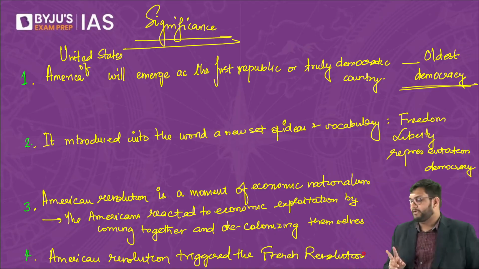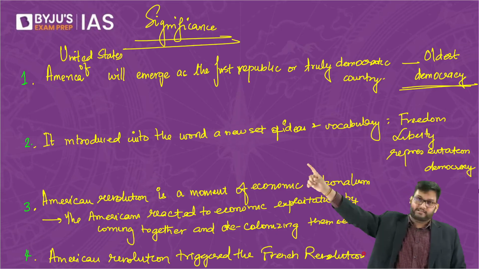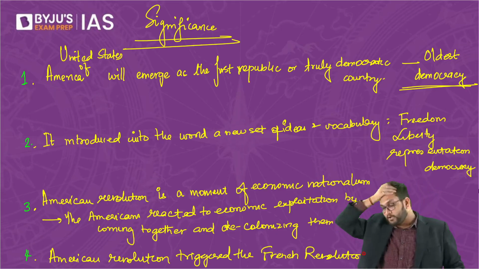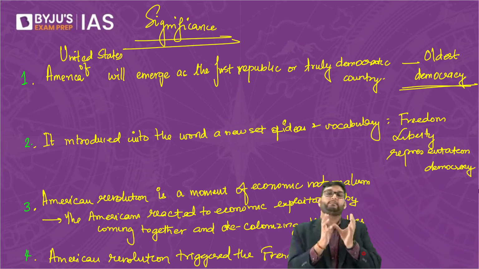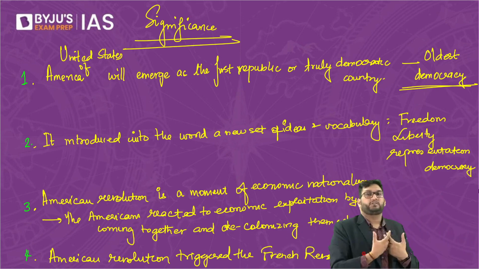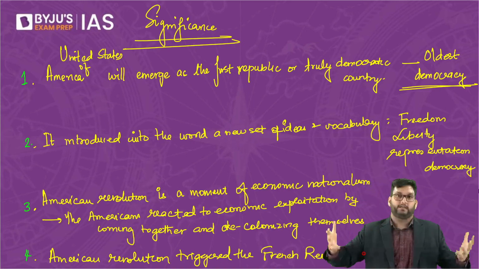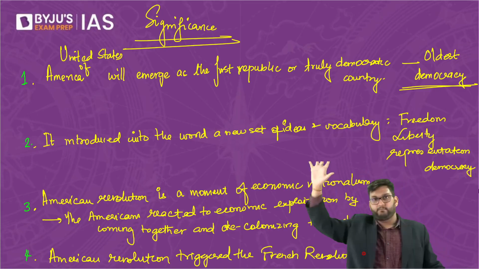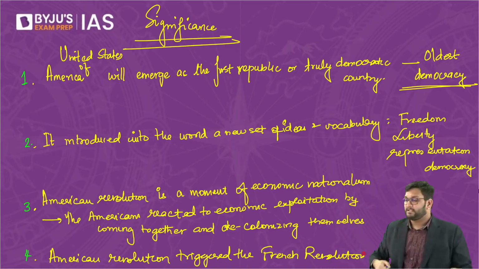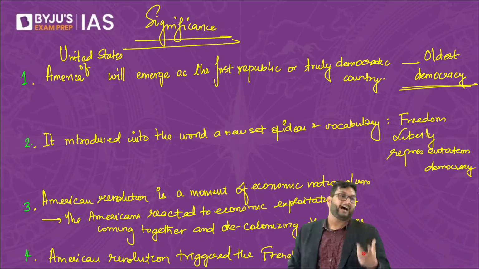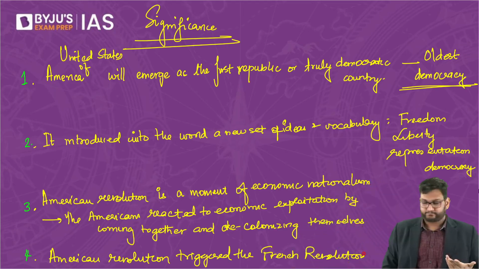The second point argues that for the world, there was now a democracy which existed, which talked about the concept of freedom, liberty, and how representation and democracy became part of the world. There were multiple monarchies, but only one republic. So the American Revolution argued that a new idea could exist.